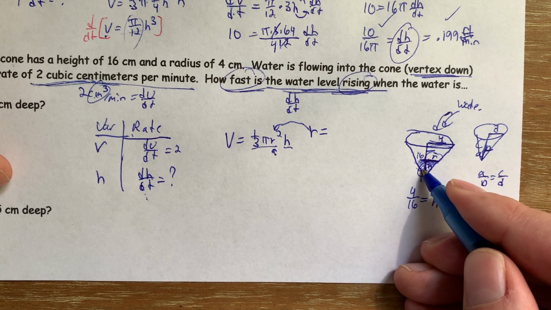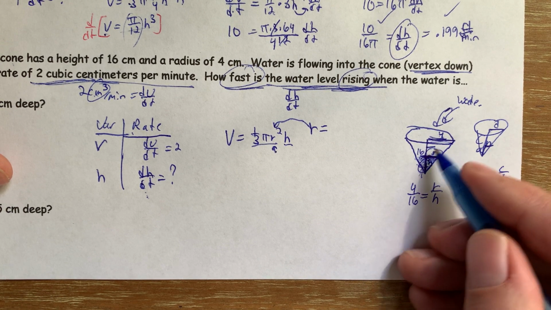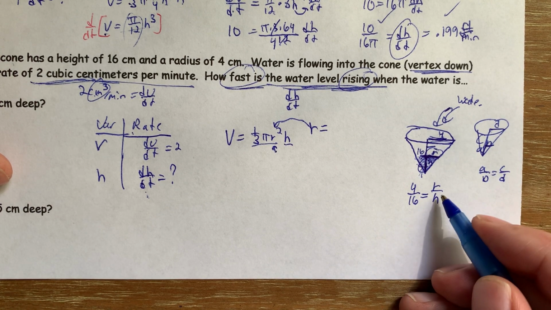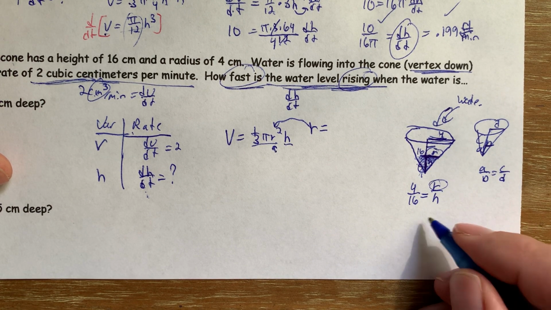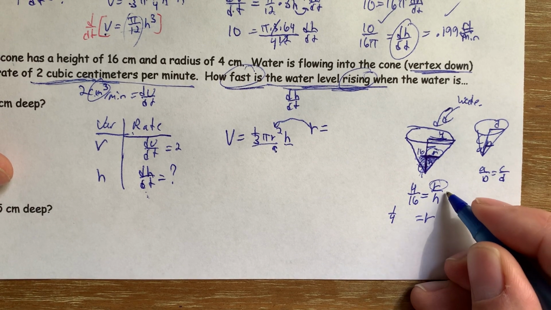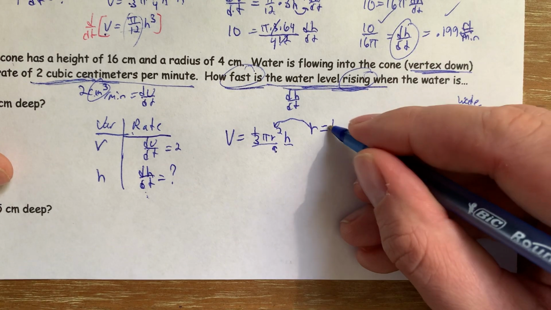So even though the radius and the height aren't 4 and 16, because they're changing, because we're not talking about the whole cone, we're talking about where the water is, we know that that ratio will be the same. And so we can solve to get what the radius is equal to. The radius is equal to, and I'm going to simplify this, this is 1/4, and we multiply both sides by height. So 1/4 the height.